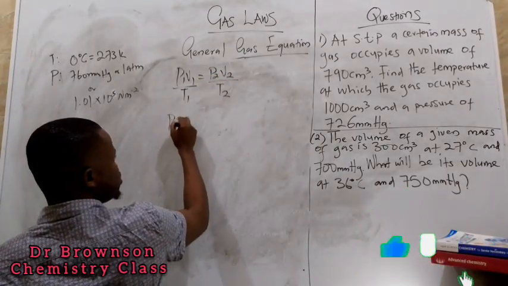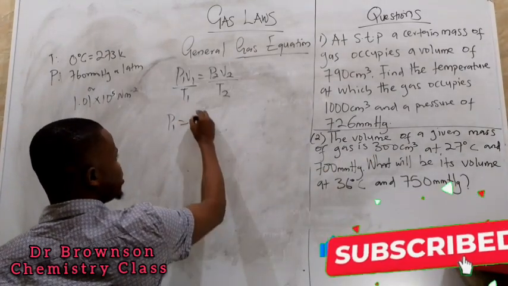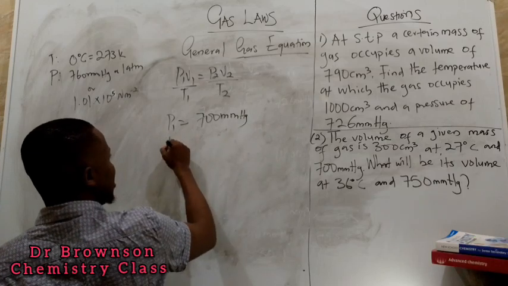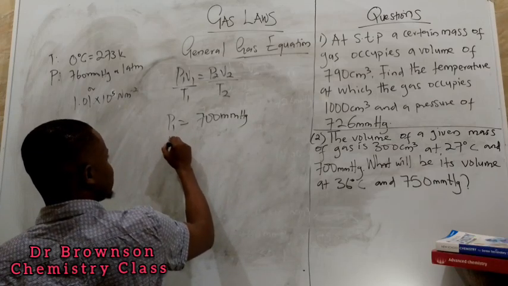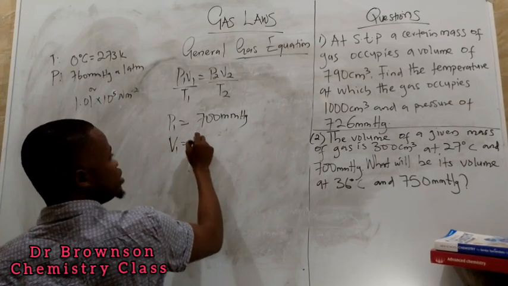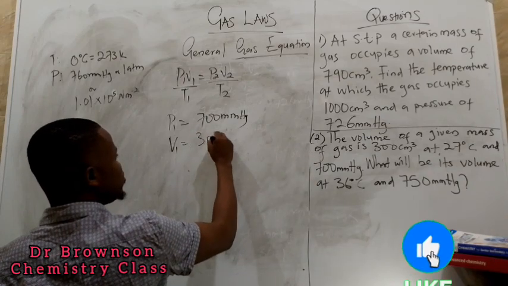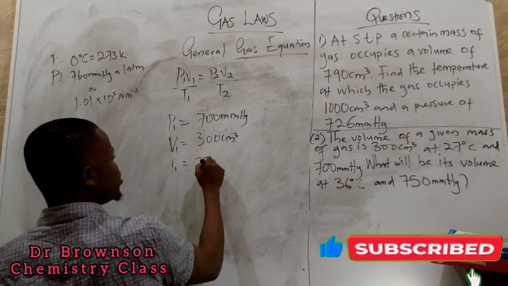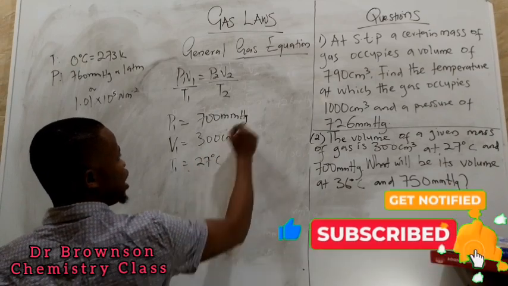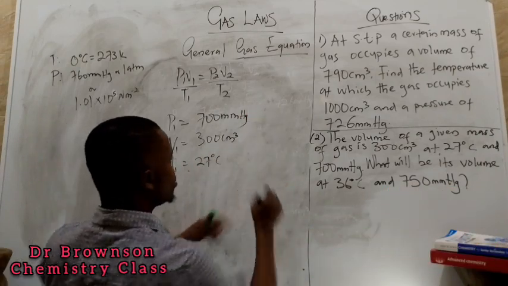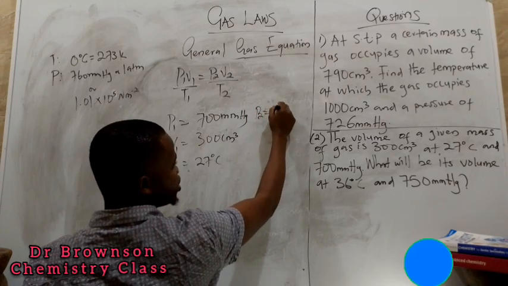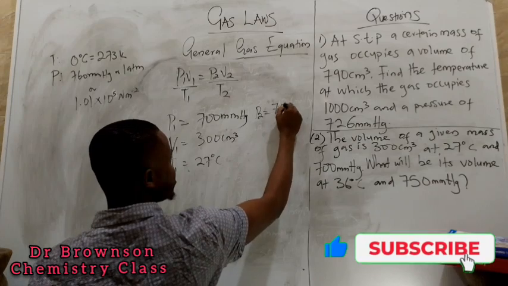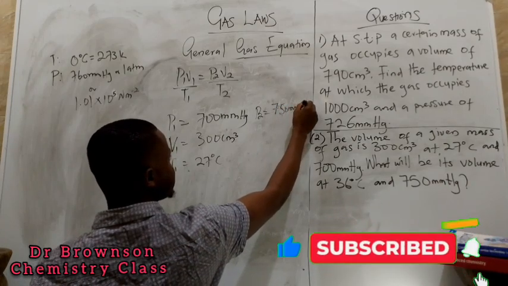Our P1 is 700 millimeter mercury. Our V1 is 300 centimeter cube. Our T1 is 27 degrees Celsius. Our P2 is 750 millimeter mercury.